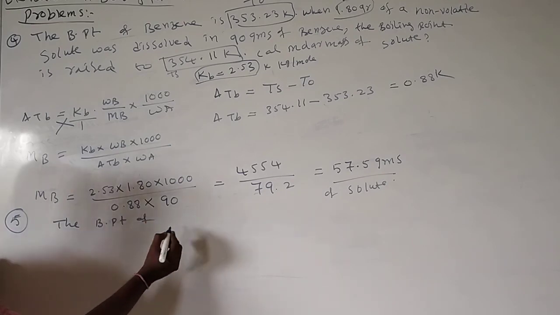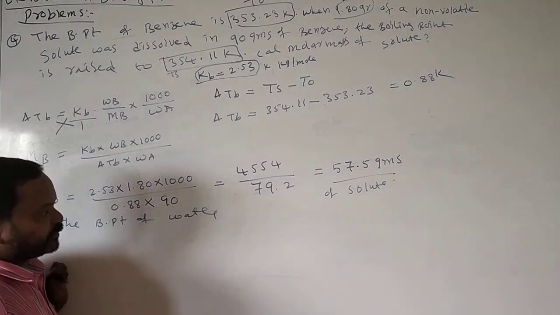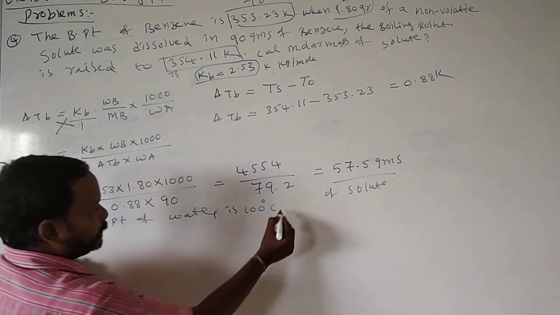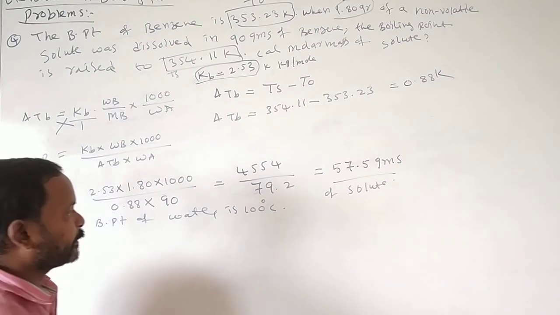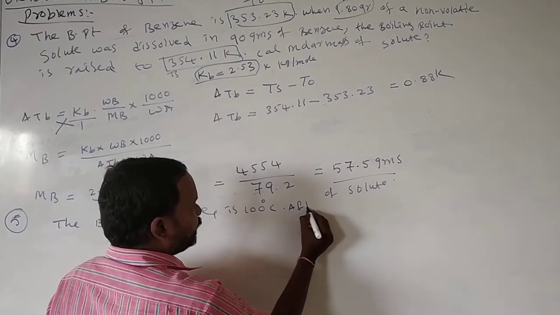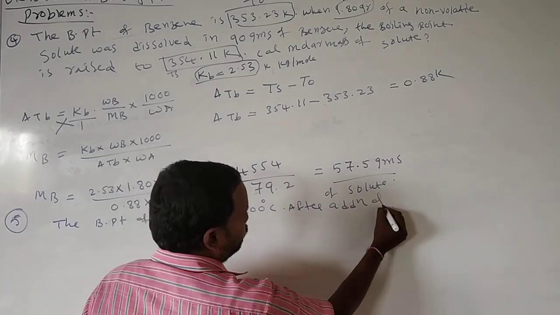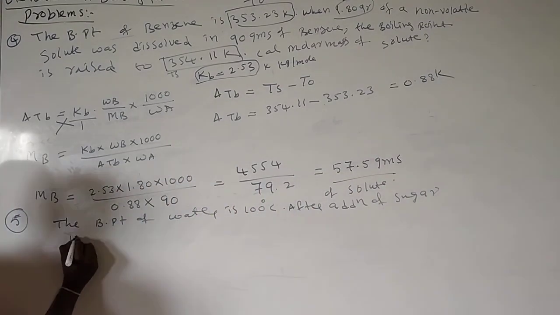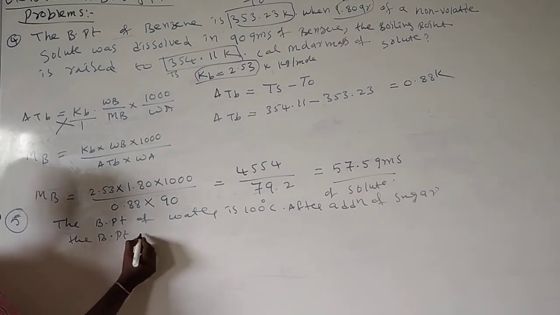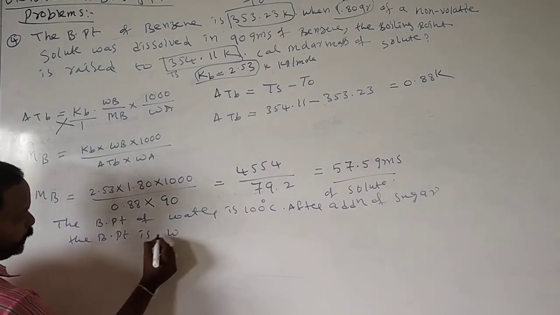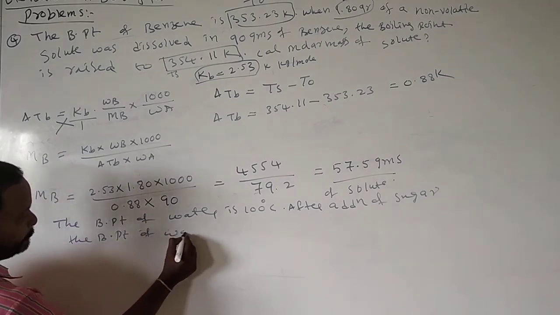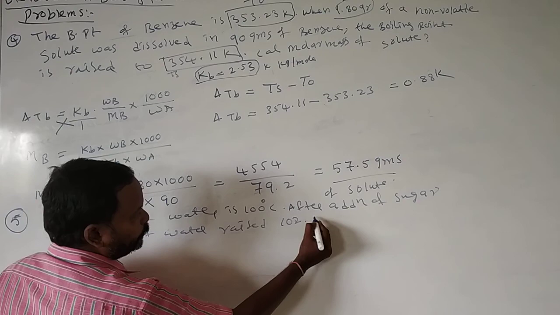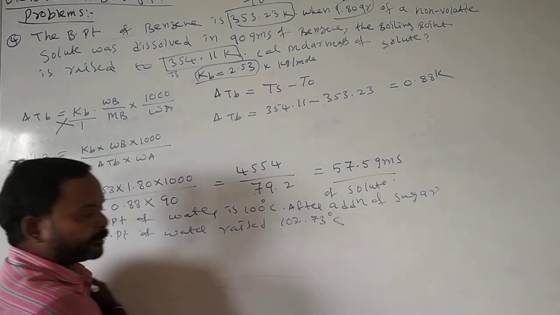A 2 mark question. The boiling point of water is 100 degree centigrade. After the addition of sugar, the boiling point of water rises to 102.73 degree centigrade.